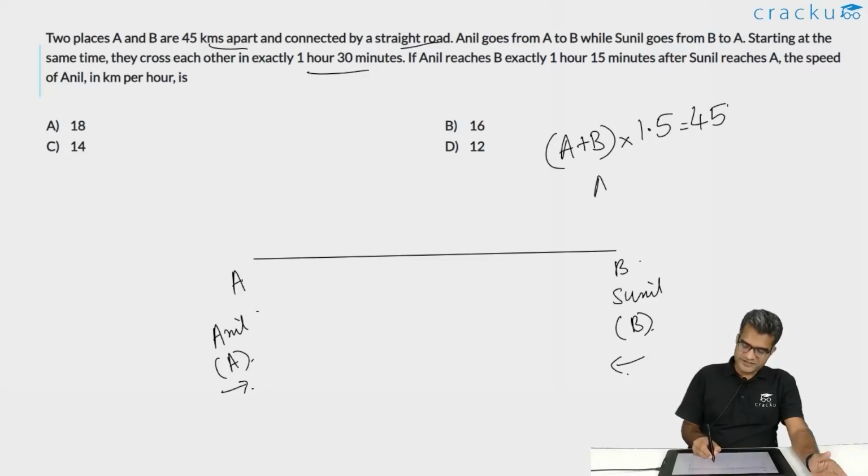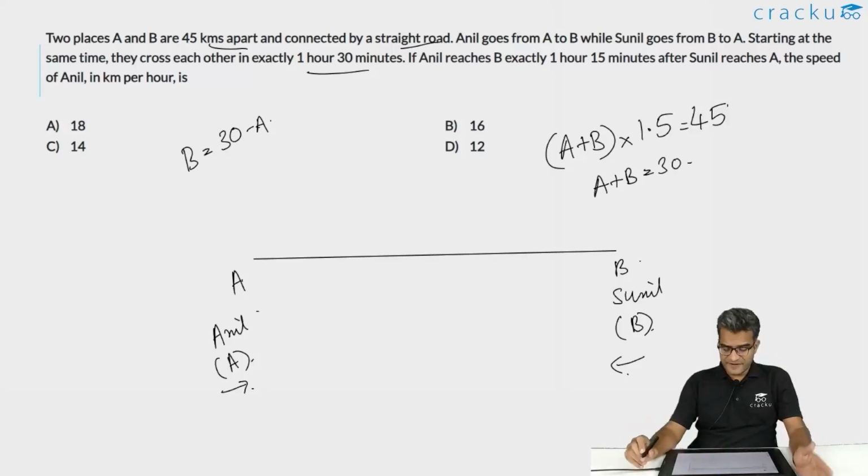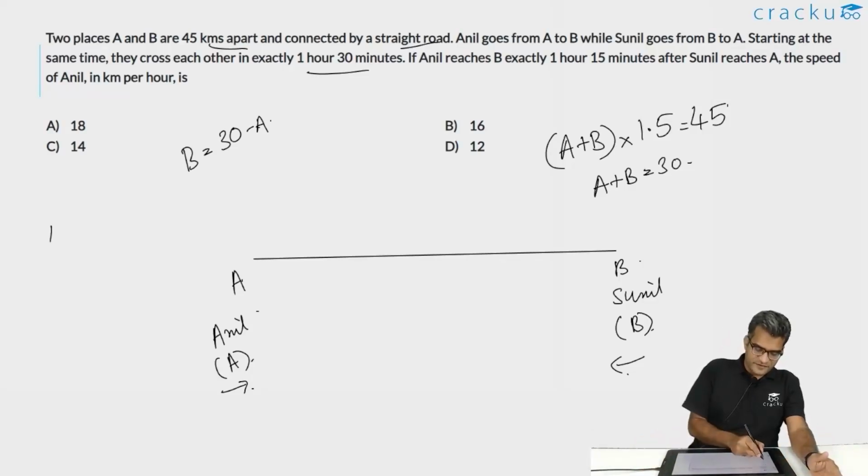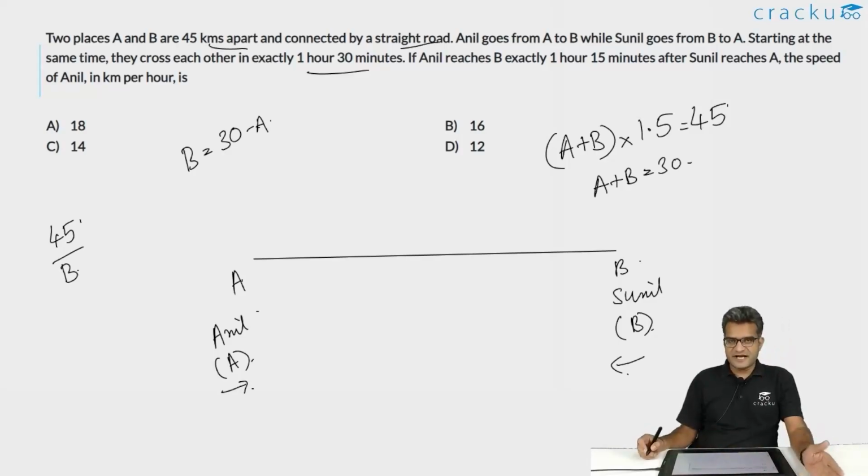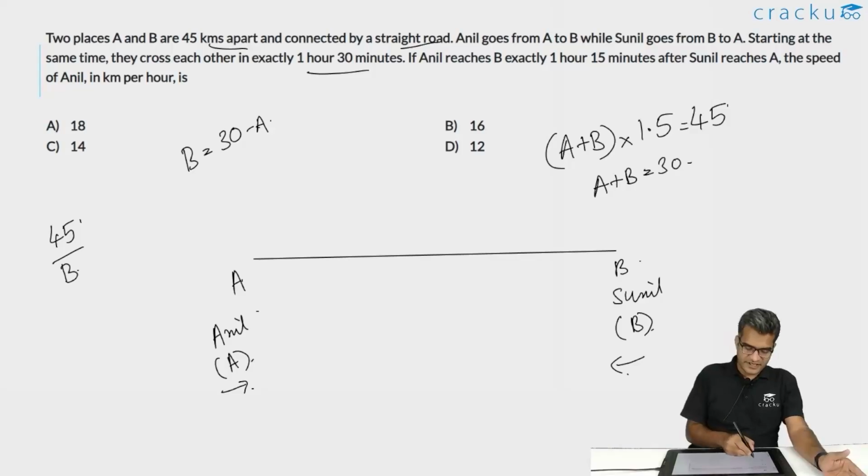Or what we are told is that A plus B is 30 kilometers per hour, or the value of B is 30 minus A. We are told that Anil reaches B exactly 1 hour 15 minutes after Sunil reaches A. The time taken by Sunil to reach A is 45 divided by B. The time it takes Anil to reach B is 45 divided by A.